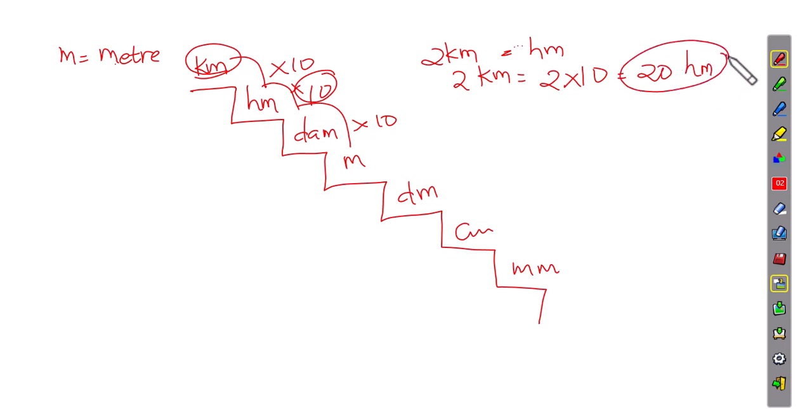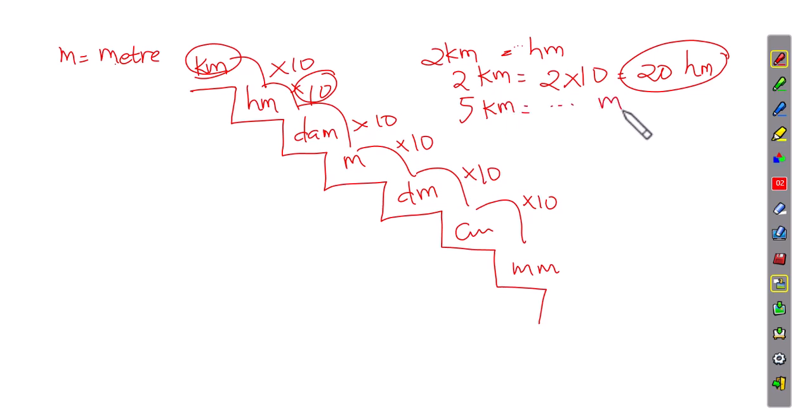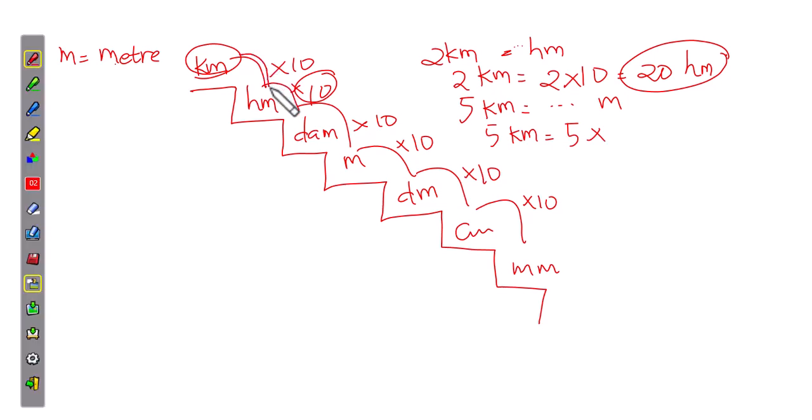How about if we change kilometer to meter? This is 1 times 10. Let's say this is 5 kilometer and they want us to find it in meter units. So 5 kilometer equals 5 times 1 stair times 10, 2 stairs times 10 again, and 3 stairs until meter.